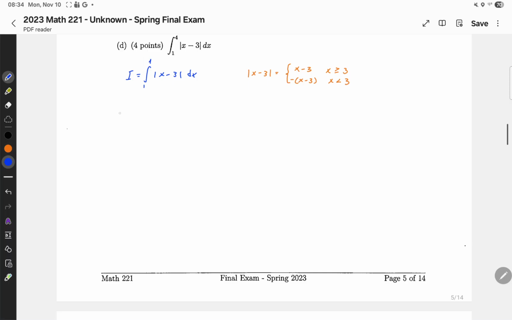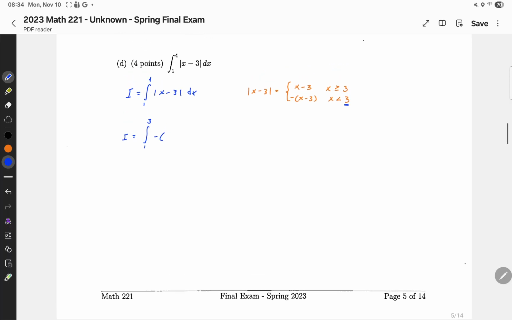And so what I can do now is I can split up my integral. So I can say that it's the integral from 1 to 3, right, because that's where x is swapping, of, this is the minus portion, minus x minus 3 dx, and then we're going to add to that the integral from 3 to 4 of x minus 3.